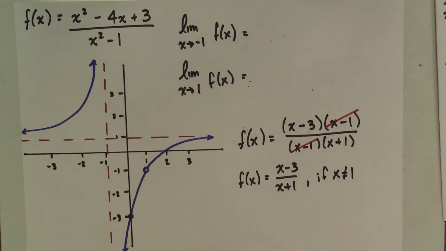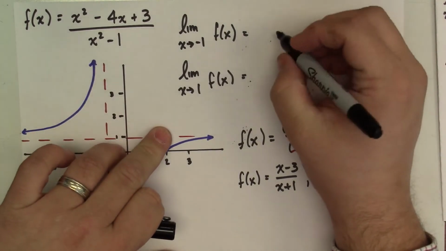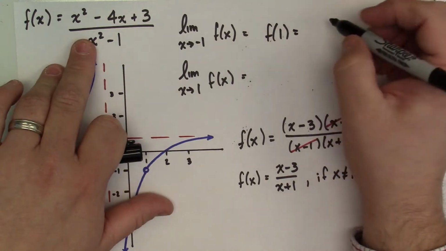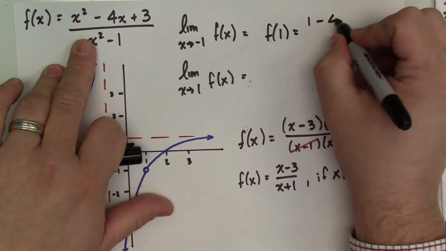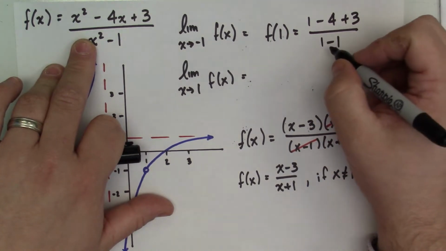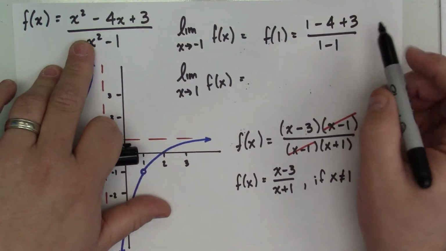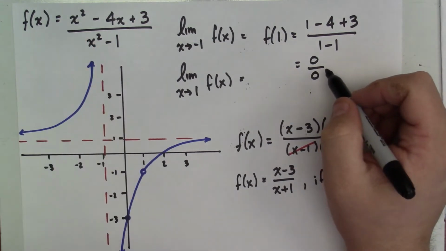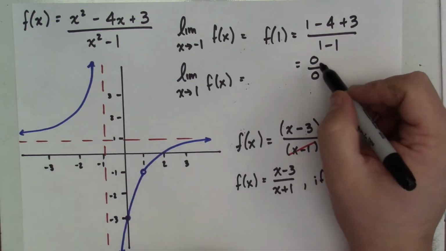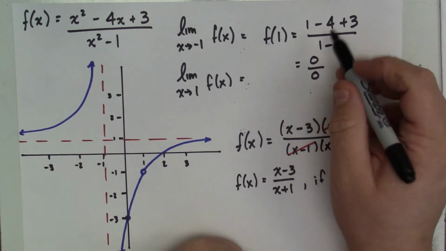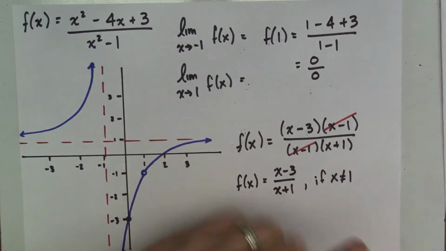Now I'm going to be the first one to admit that if I plug in 1 here, that gives me 1 minus 4 plus 3 over 1 minus 1. Well, 1 minus 4 plus 3 is 0. That gives me 0. And here's what's special about this. Because this is 0 over 0, when I plug everything in, there's something special that's going on.